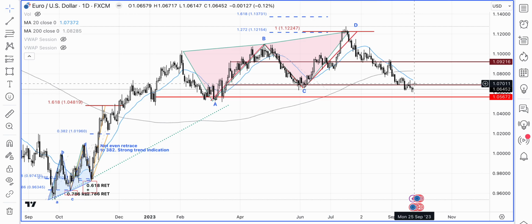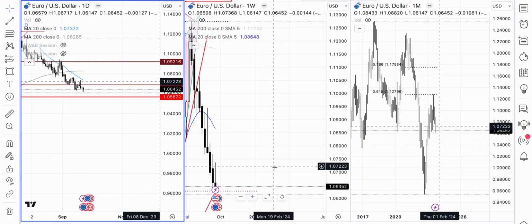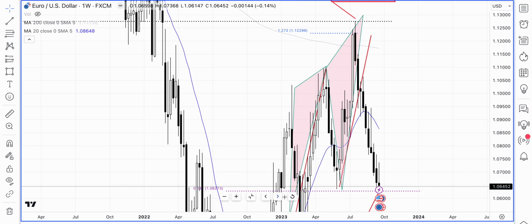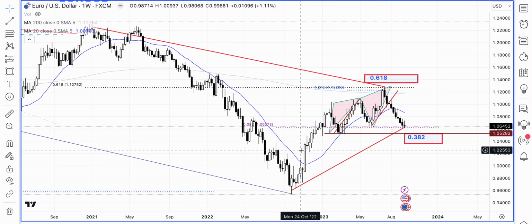But again, the market is reaching certain really key support levels, so that's what we're going to focus on right now by taking a look at this weekly chart. So here we go.